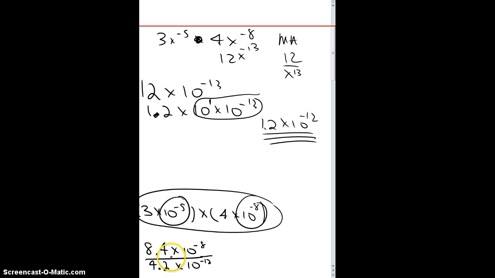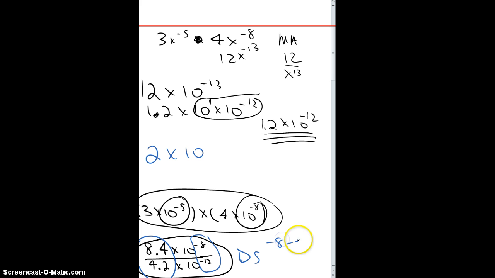Then this bottom one down here, let's look at this one next. Let me change colors here. In this one, I divide right there. How many times does that go in there? It goes in there twice. So when I divide, I get 2 times 10 to the, and then again, divide these. You would subtract, like remember DS, you divide, you subtract, because you're canceling.